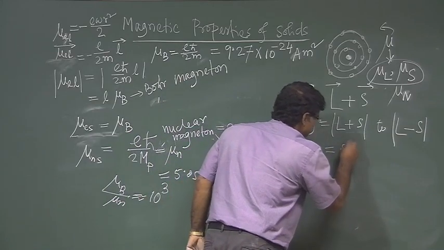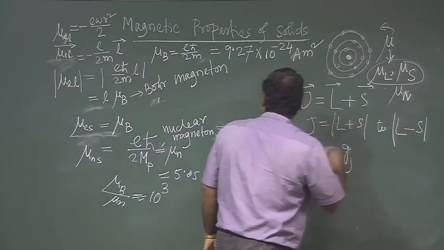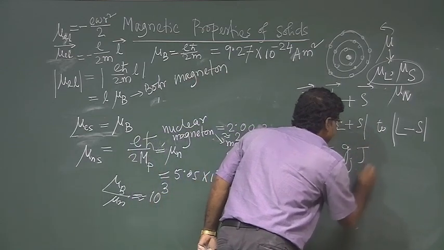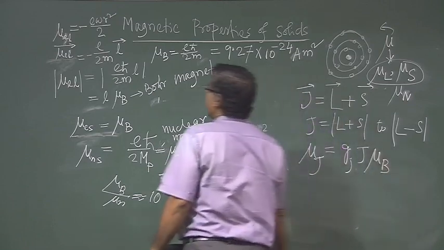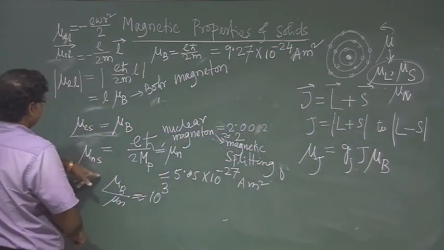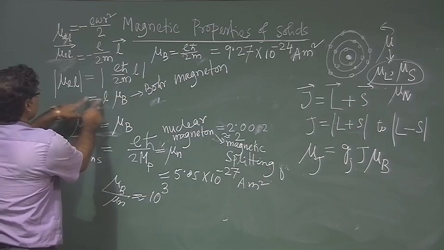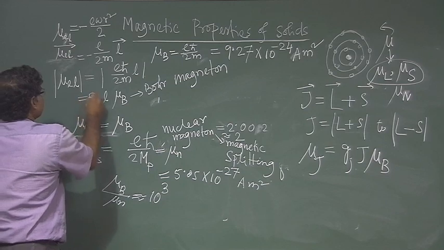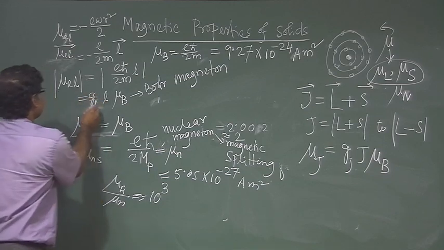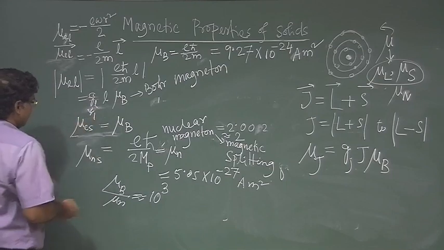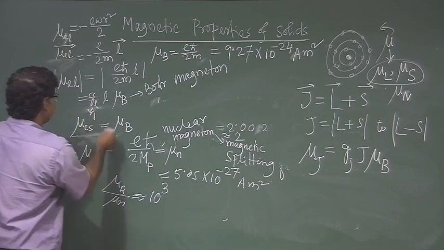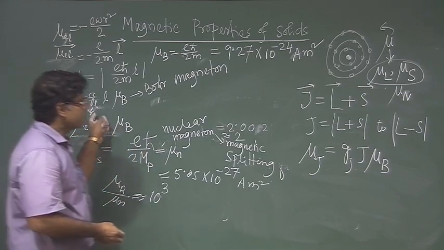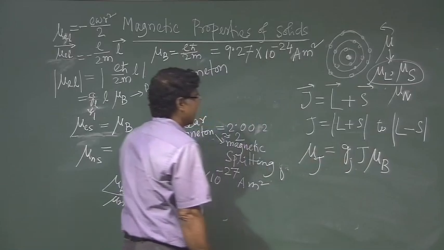So the Lande factor g j, mu j equals g j j mu B. Here this factor is not there. Sometimes we write g L, and g L is basically 1. In the case of mu s, you write g S, and that value is 2. Similarly, g j value one can find out.